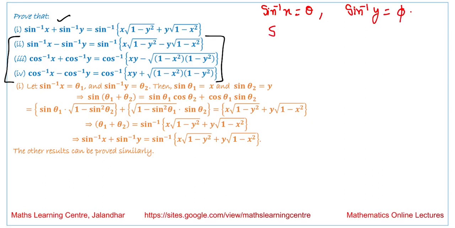Then we know that sine of theta plus phi is equal to sine theta cos phi plus cos theta sine phi.